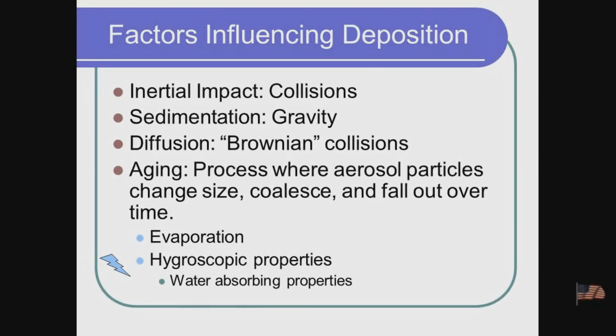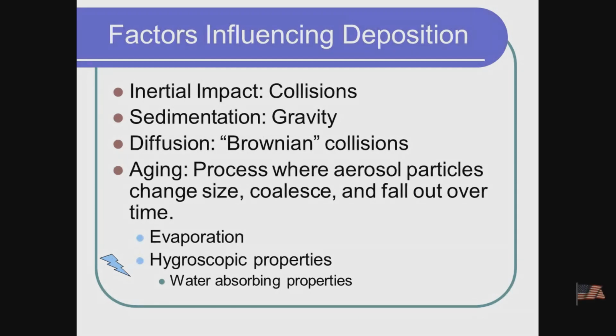We talked about inertial impaction. We talked about simply gravity; bigger particles will eventually fall out of motion. There's also something called Brownian collisions, where, through random movement, particles collide with each other and knock themselves out of suspension.